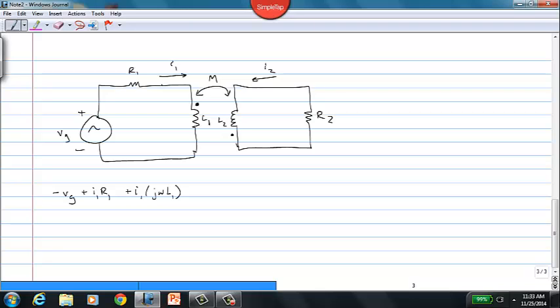Now what we have to do is take care of the mutual inductance. We see that the reference current leaves the dotted terminal of L2, the reference current being I2. So the voltage that's established across L1 is going to be negative at the dotted terminal here.